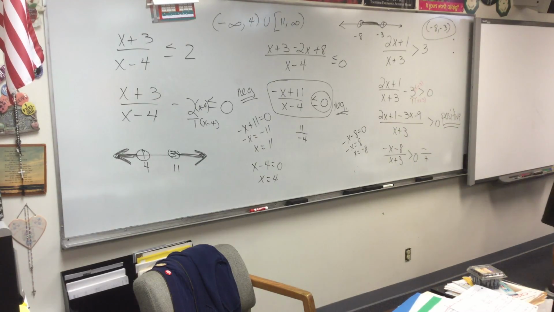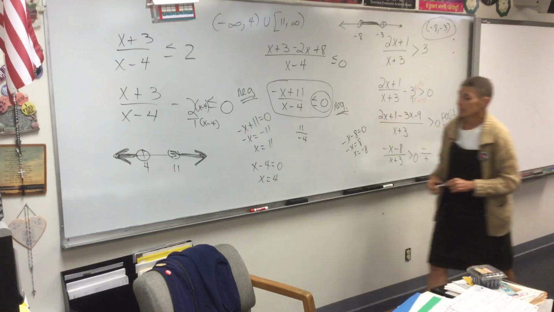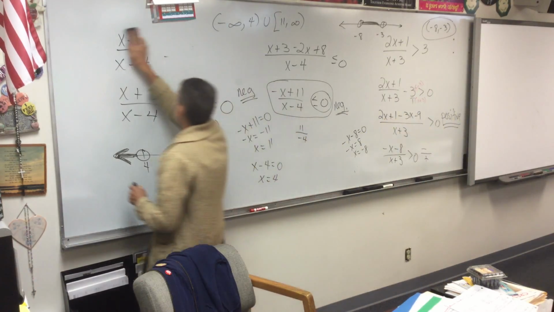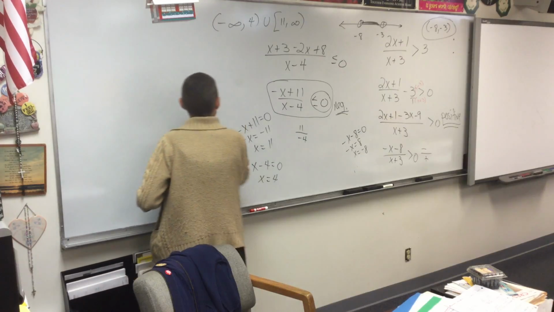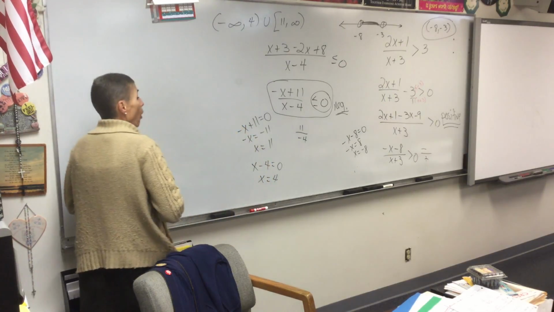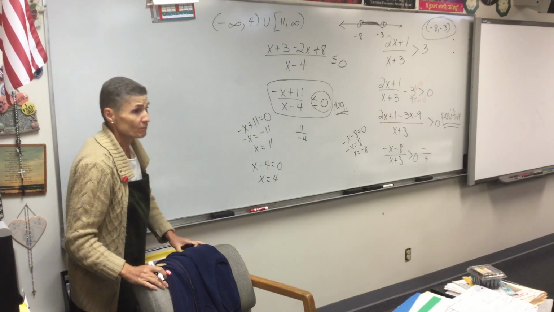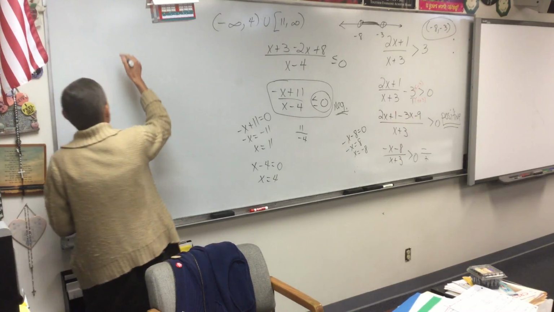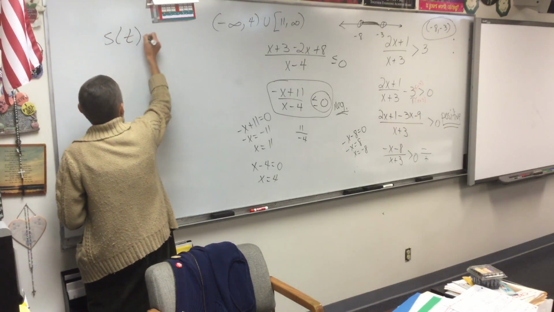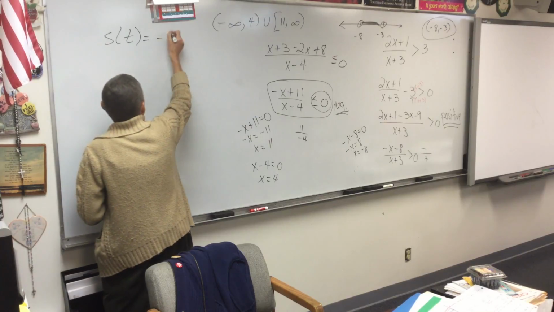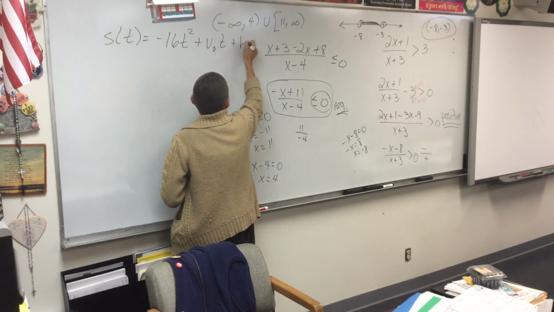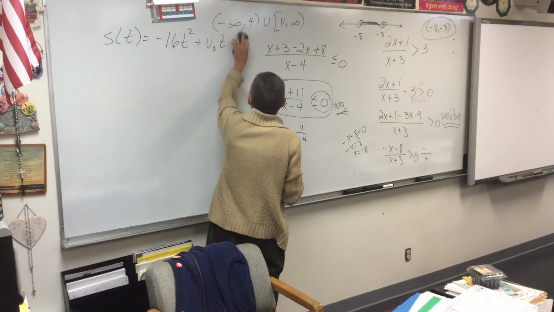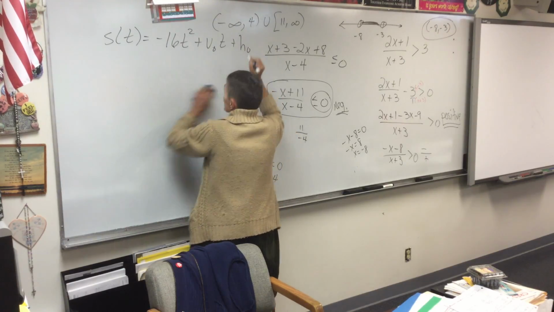In order to do projectile motion, you need a formula. You do not need to memorize this formula at this point. Although, after you've practiced a few, you probably will, because it's not that hard. The formula for projectile motion is this. I'm going to go ahead and use H's.